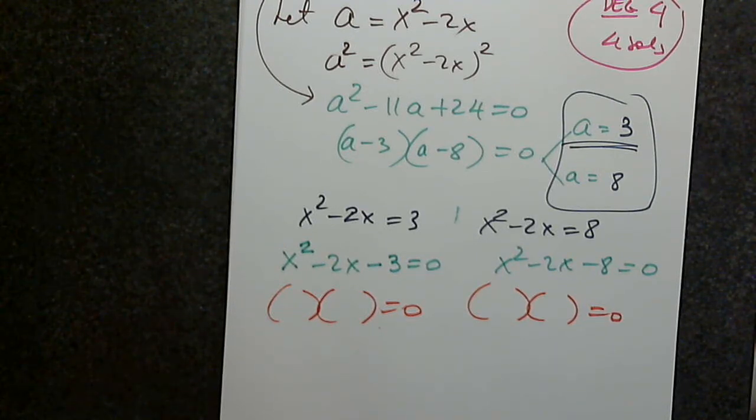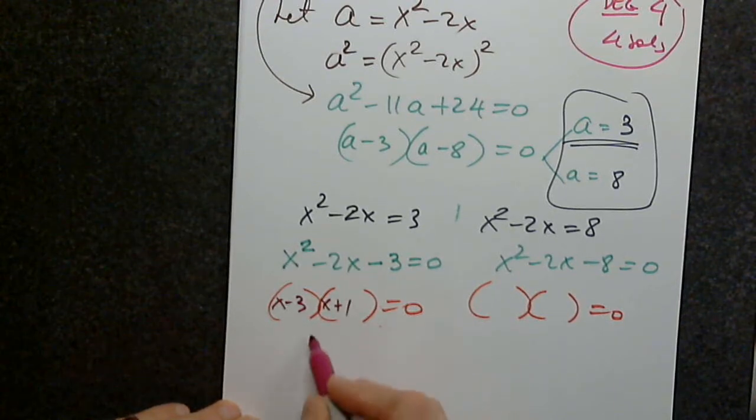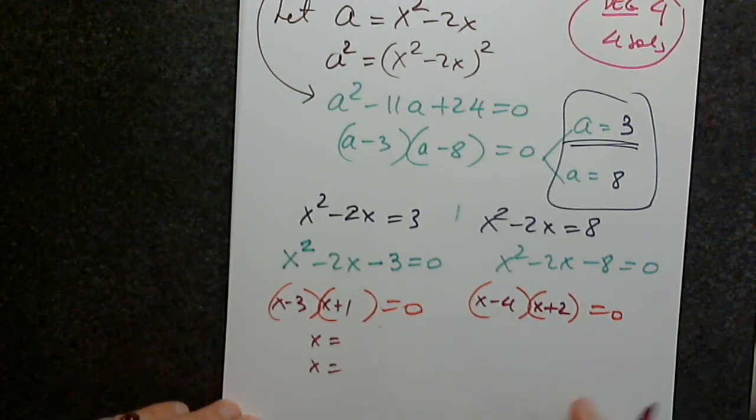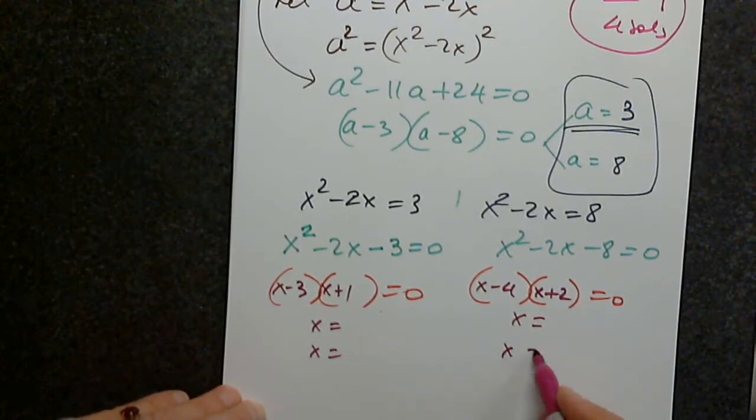The first one will be x minus 3 and x plus 1. X minus 3, x plus 1, very good. And the other one? X minus 4, x plus 2. Very good. X minus 3, x plus 1, so x equals, and x minus 4, x plus 2, and x equals.